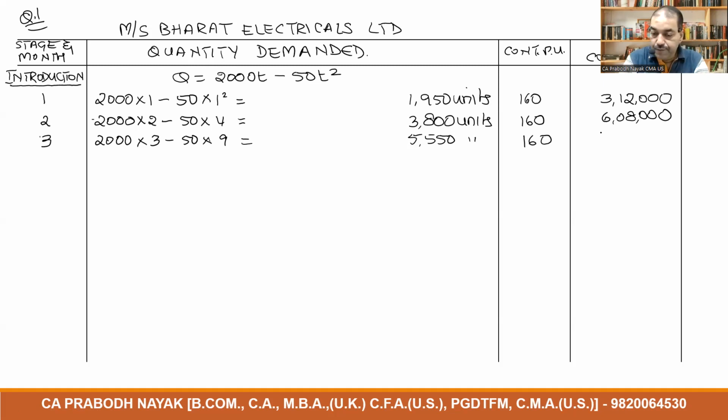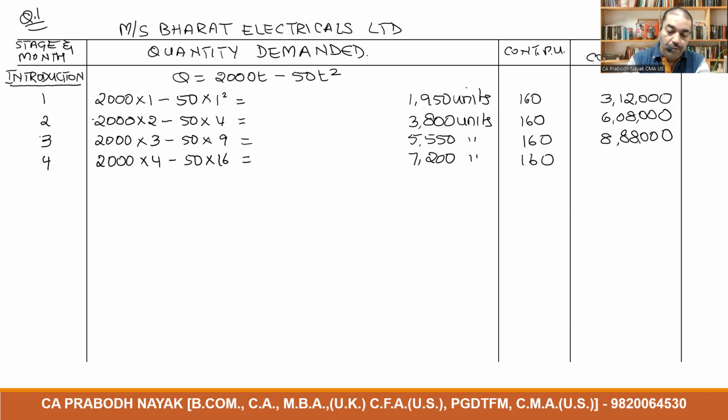Multiply. 8,88,000. 2000 into 4 minus 50 into 16. 7,200 units. Contribution per unit is 160. Multiply 7,200 into 160. 11,52,000.